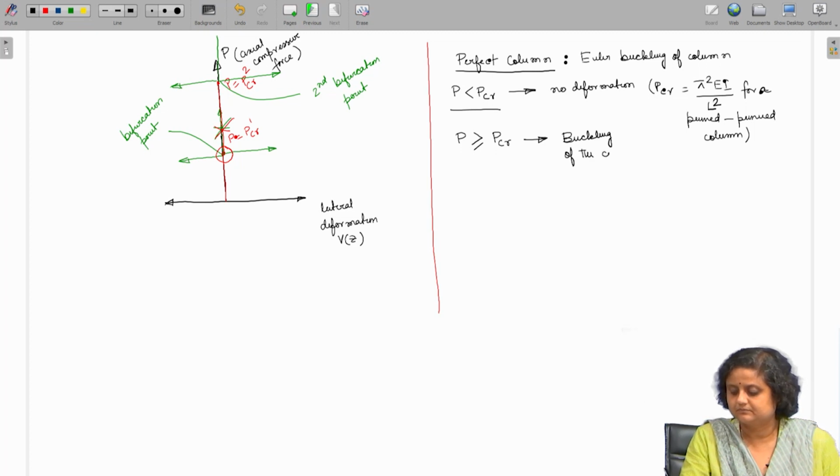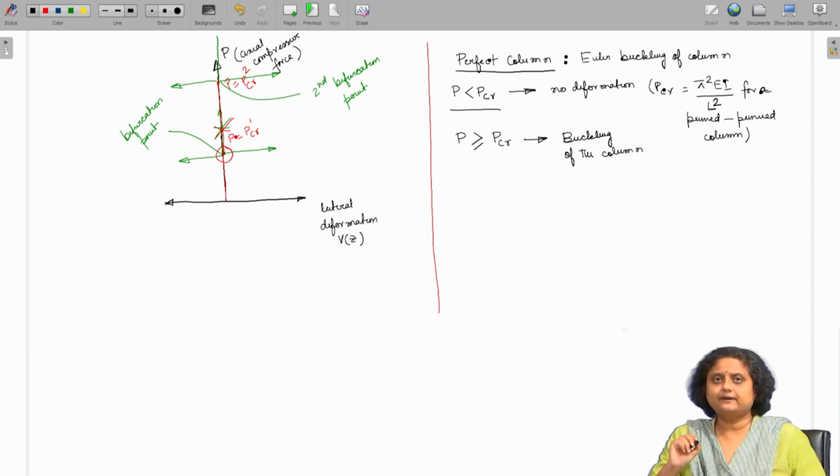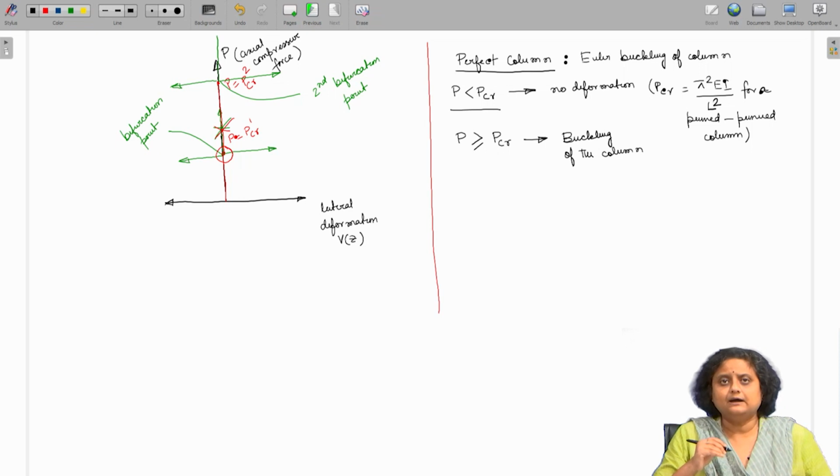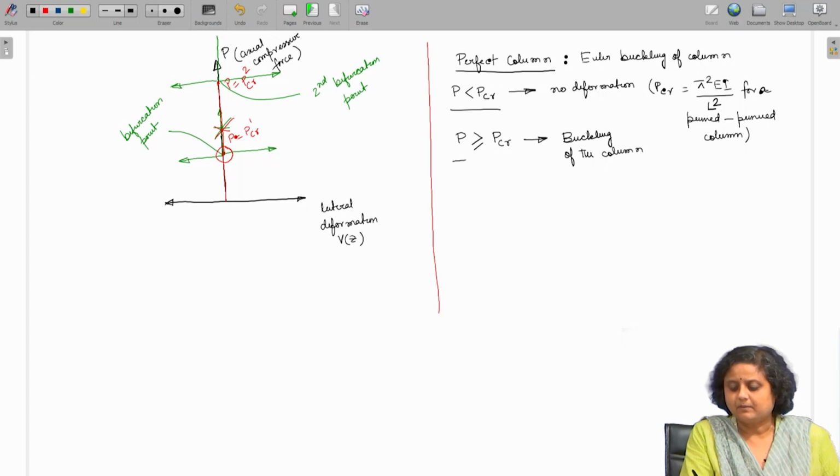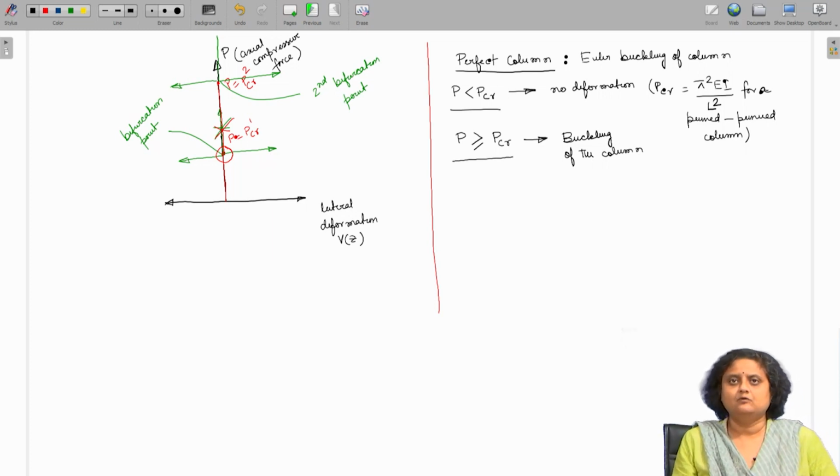At P equals P critical, that is the threshold value, where the column is still in neutral equilibrium. A slight perturbation after P equals P critical will cause the buckling of the column. So, this is in summary what is going to happen for a perfect column according to Euler theory of buckling of column, which is the most conventional theory of buckling.